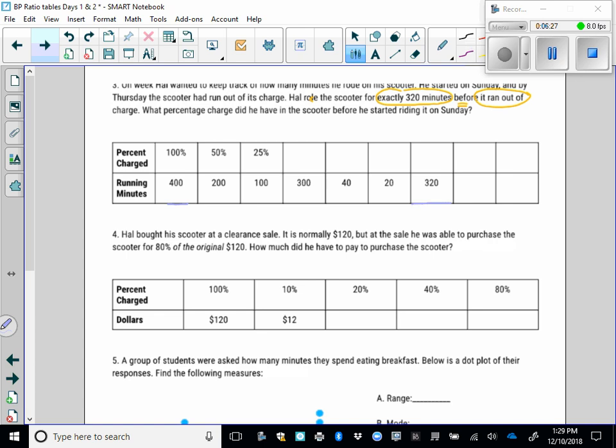So we have to figure out what this number is here, what that percentage is. And the only thing we have to start with is from problem 2.